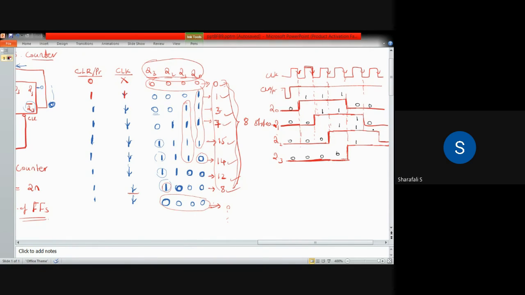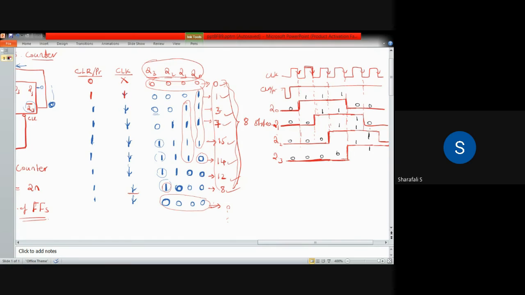Then 0, 1, 1, 1, and so on. Continuously you can fill in all the values. So this is all about the Johnson counter or twisted ring counter.